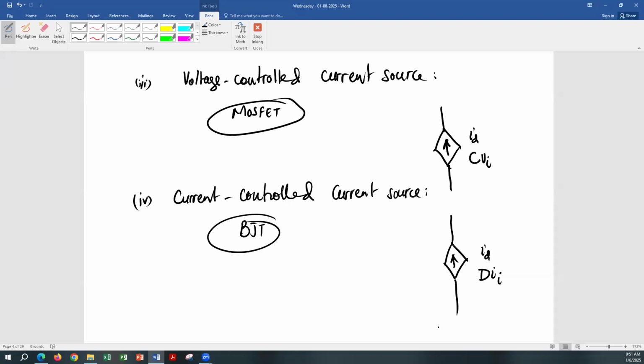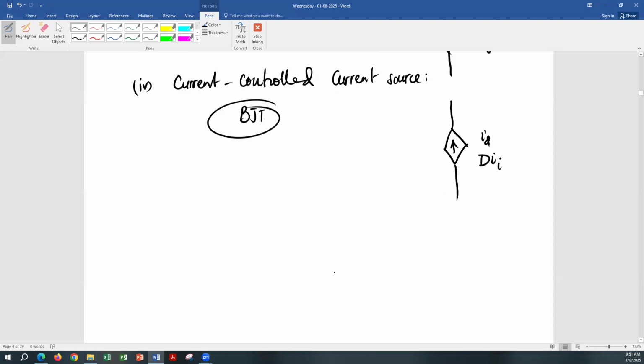You cannot really control it because it is dependent on other factors. That's why they're called dependent sources. So we have independent sources and dependent sources. Dependent sources are basically circuits or electronic devices, but they are used as sources in circuit analysis.